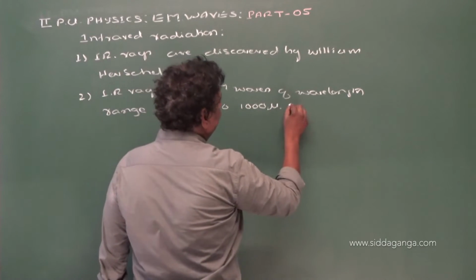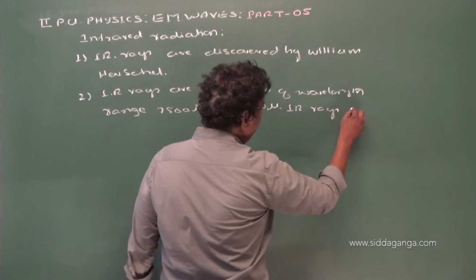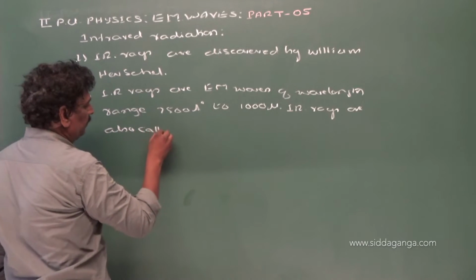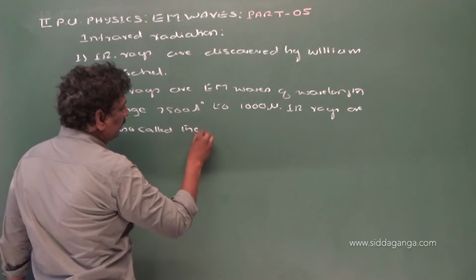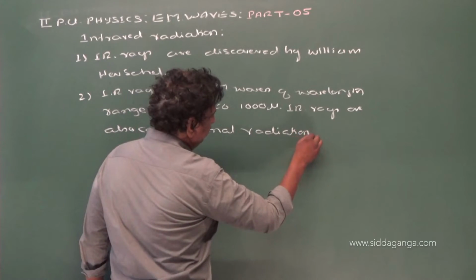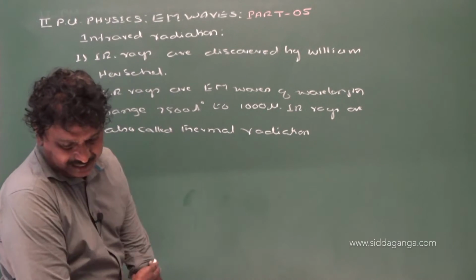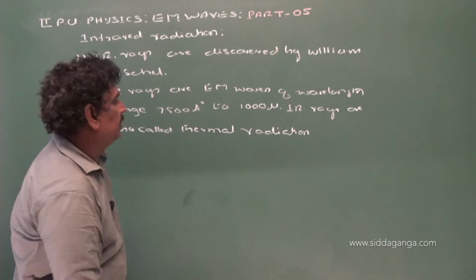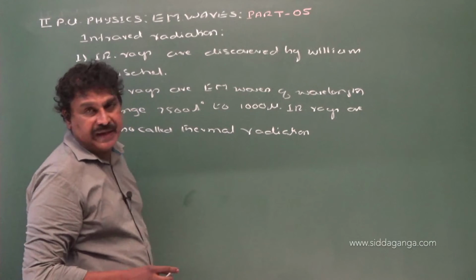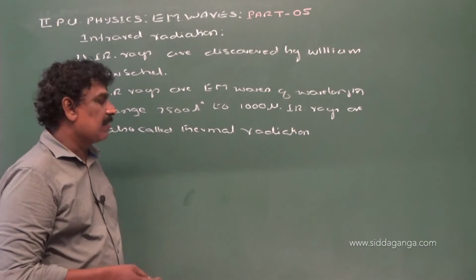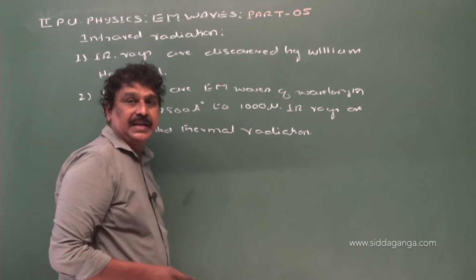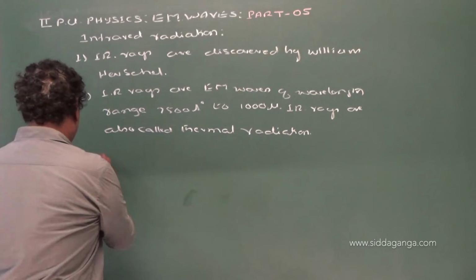These infrared rays are also called thermal radiations. Right. Now, infrared radiations have wavelength range from 7,500 angstrom to 1000 micron. Infrared radiations are also called thermal radiation because when they incident on surface, they produce a heating effect in it.